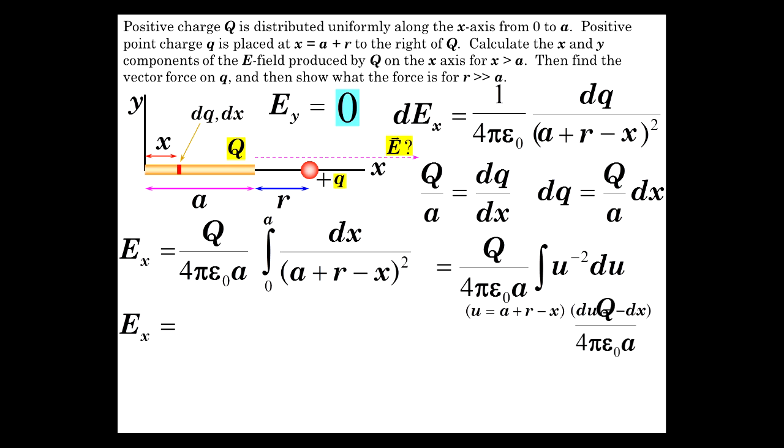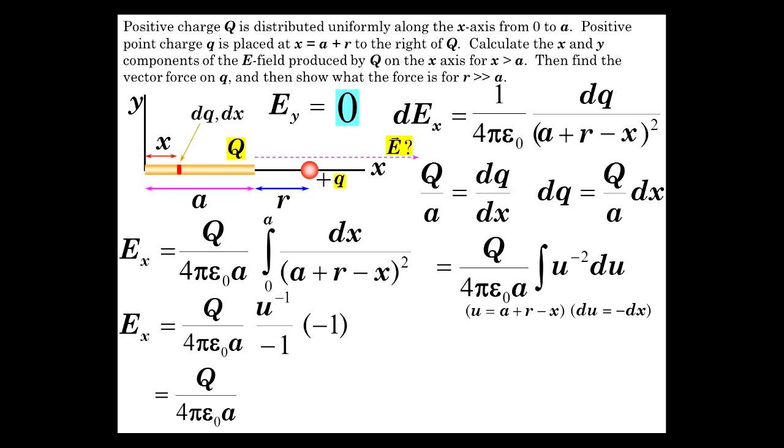This is really easy to integrate, which is u to the minus 1 over negative 1, or minus u to the minus 1. And then du is minus dx, so the minus dx brings another minus 1 up there. Those go away. So this cancels, and we know what u is. u to the minus 1 is 1 over this. So q over 4 pi epsilon 0 a, 1 over a plus r minus x from 0 to a.